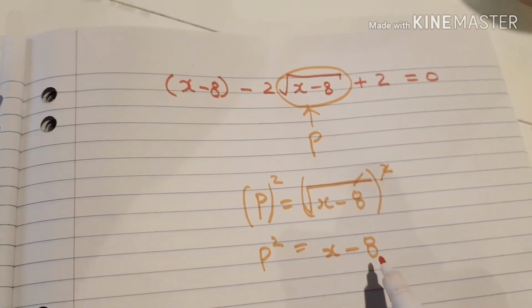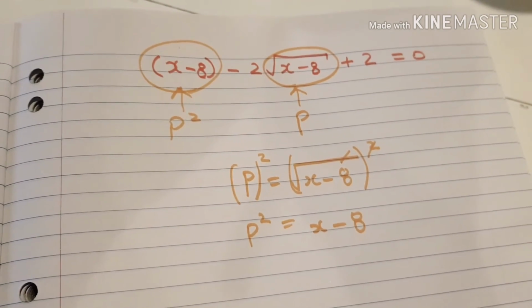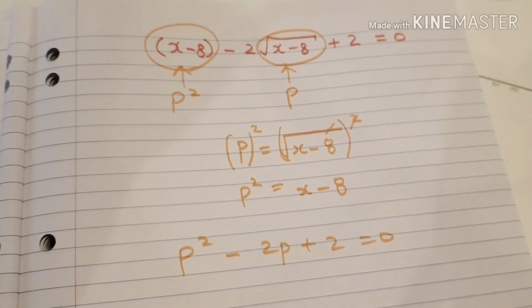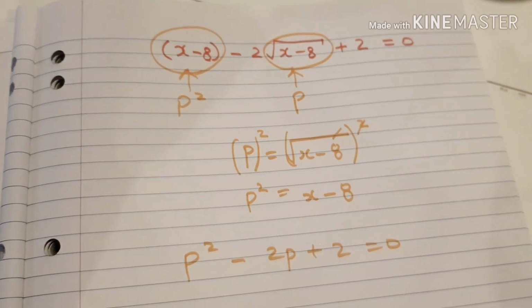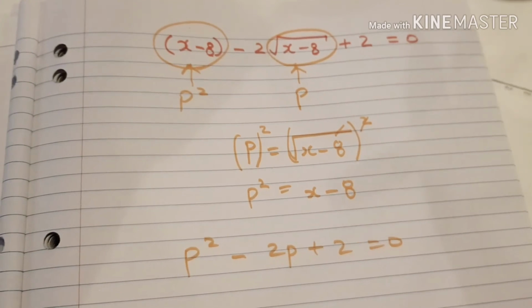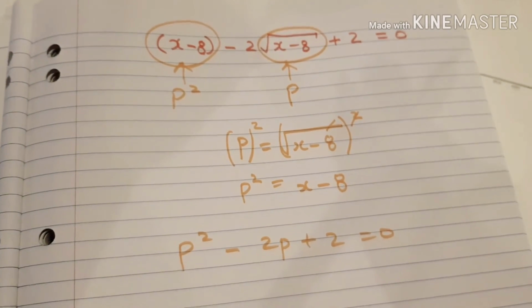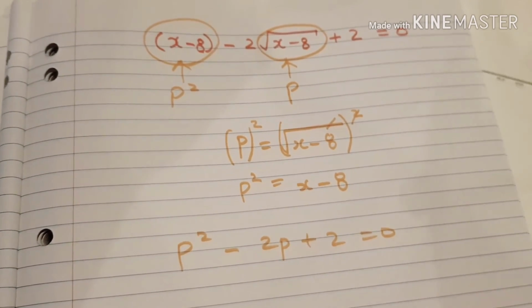So I know X minus 8 is P squared. If I rewrite the equation for this one, there you go. Now you can use the quadratic formula, anything, up to you, to find the value of P, and then substitute back into this one and find the value of X and test it.